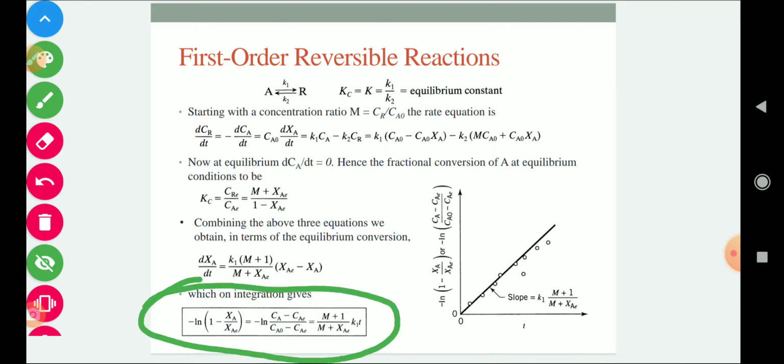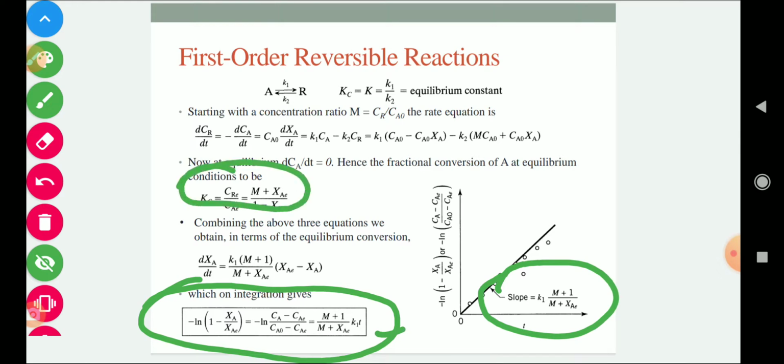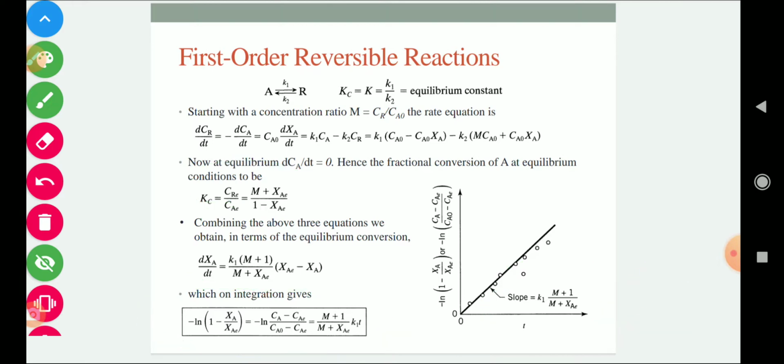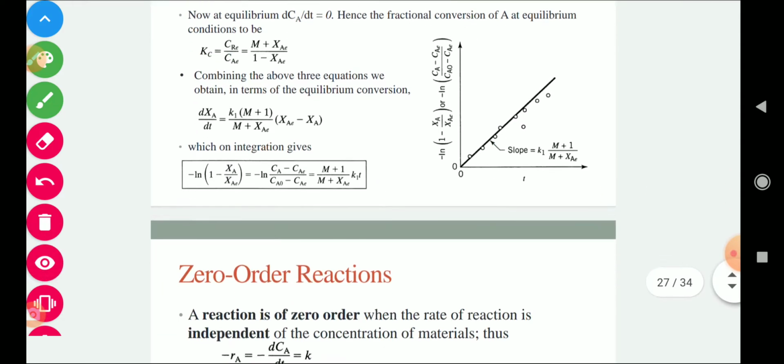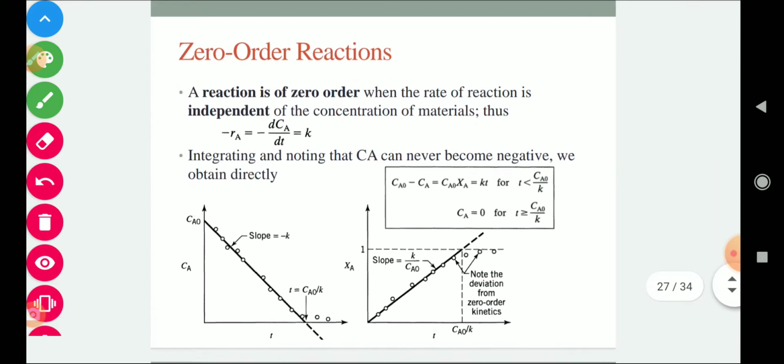So in that way, if we plot ln (1 minus XA upon XAe) versus this right hand term, the slope is this one, M is known and equilibrium conversion we have calculated from this equation. So in that way we can calculate the value of k1. So in that way we can solve these equations.